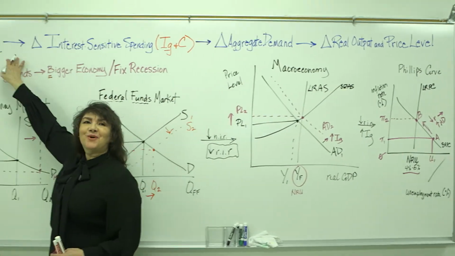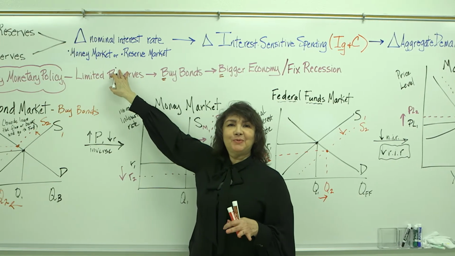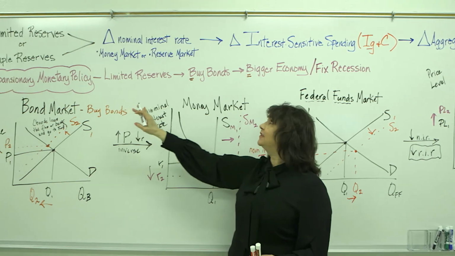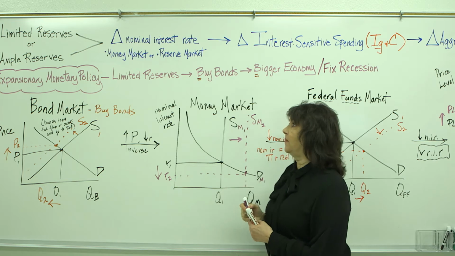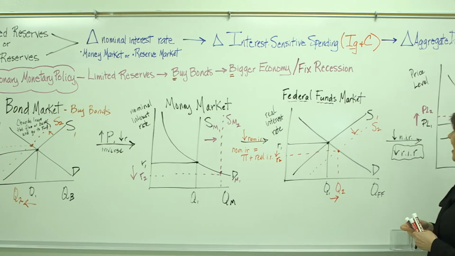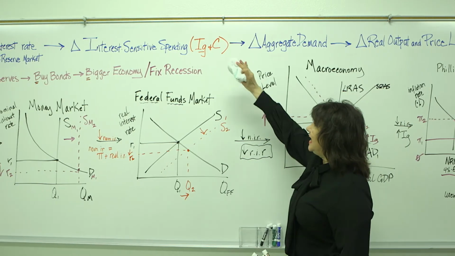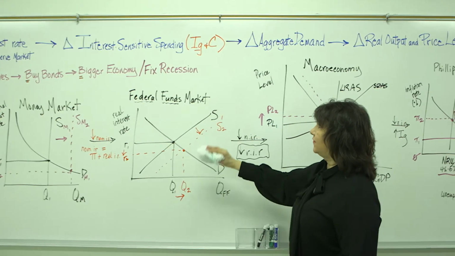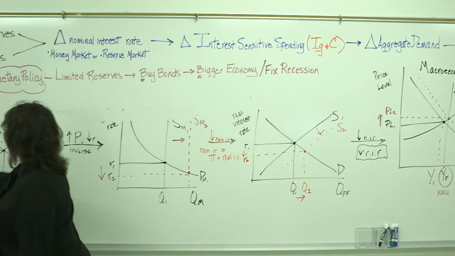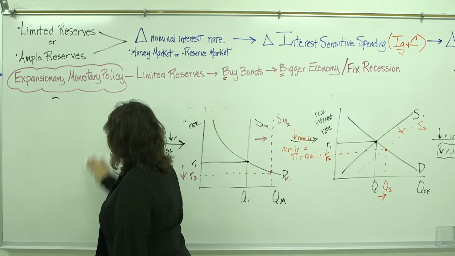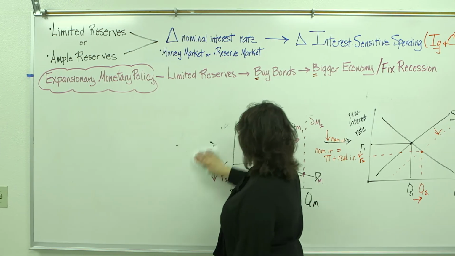the reserve market, because we just finished showing you what happens when we use the money market and ample reserves. We could use the reserve market also, but luckily I don't have to get rid of all of this. What I'm going to do is start where the federal funds market is. So I'm going to erase this and show you what's going to happen if we're using the reserve market.